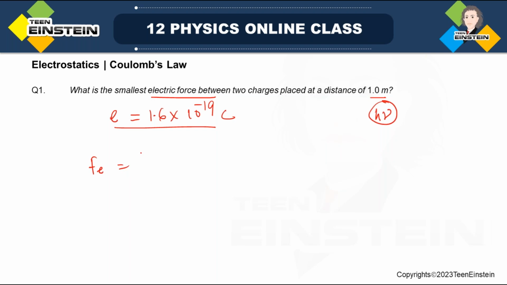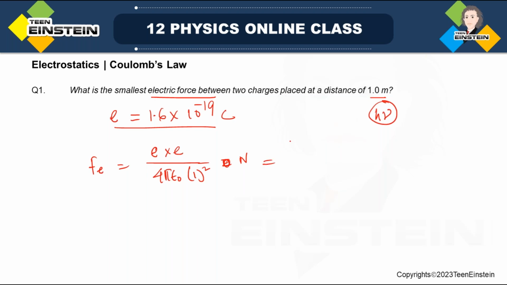So here e into e divided by 4 pi epsilon naught, distance is 1 meter, 1 meter square. So in this case, this will be obviously in Newton.